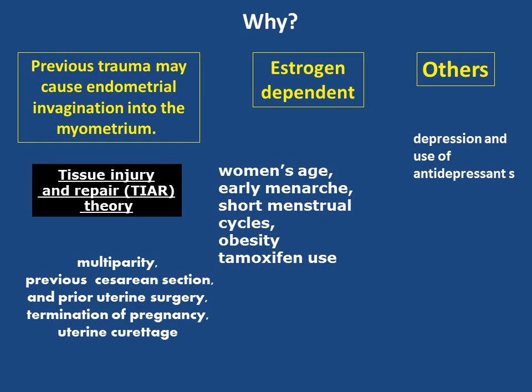Now, what happens with a patient with invagination of the endometrium inside the myometrium? This is common in patients with a history of trauma to the endomyometrial junction. When this trauma occurs with childbirth, this disease is common in multiparous women, with cesarean section, of course, with prior myomectomy or other uterine operations, with termination of pregnancy, evacuation, curettage, and so on.